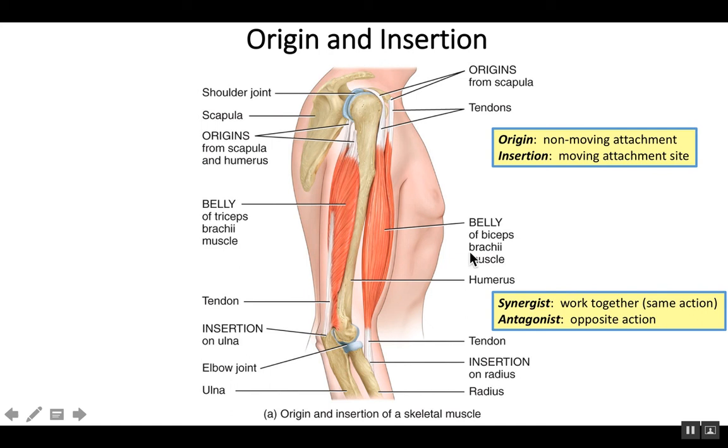There's another muscle called the brachialis. This drawing doesn't show it, but it's deep or underneath the bicep. The brachialis also flexes the elbow, so it is synergistic to the biceps brachii. They do the same thing. They work together to provide a strong elbow flexion.